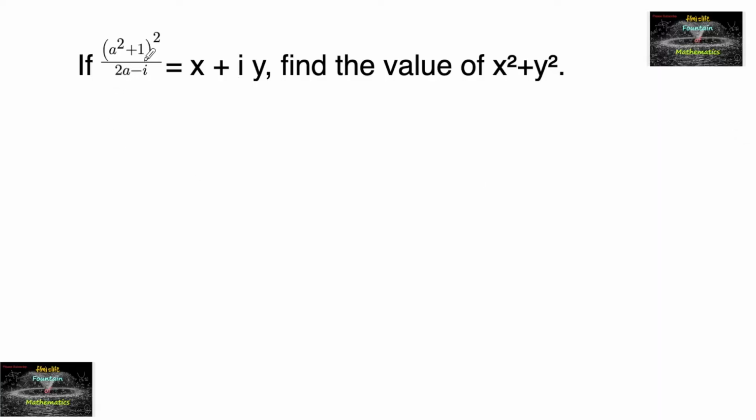If (a square plus 1) whole square upon 2a minus i equals x plus iy, then find the value of x square plus y square. So given (a square plus 1) whole square upon 2a minus i is equal to x plus iy. Let us take modulus on both sides.